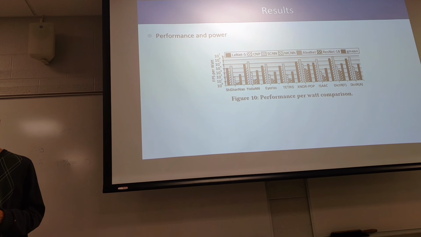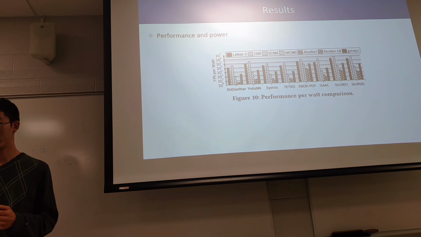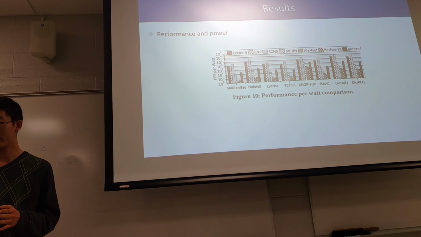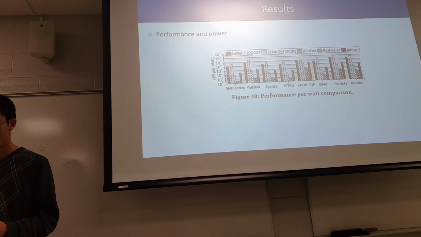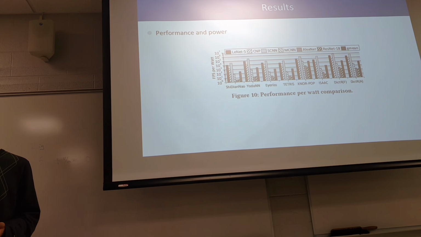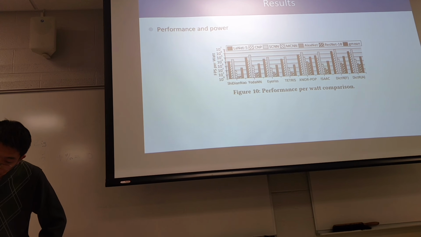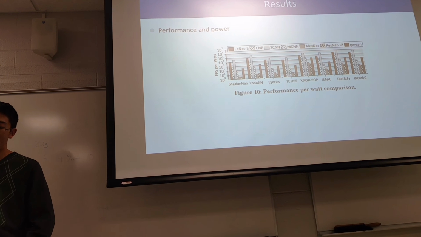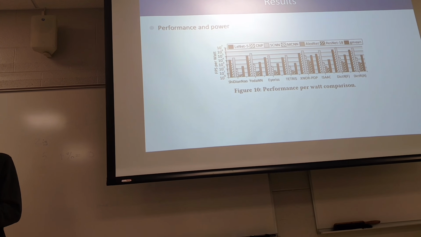The right columns represent our accelerator, the DKR, DKRF and DKRA. Compared to the other accelerators, you can see our accelerator's frames per second per watt is better than the other existing accelerators.